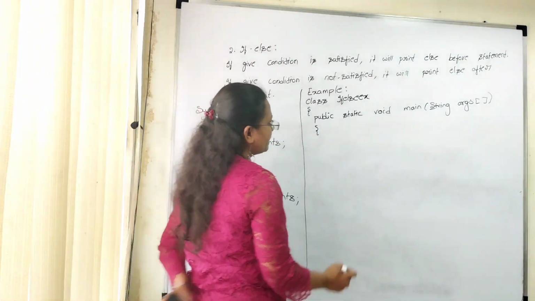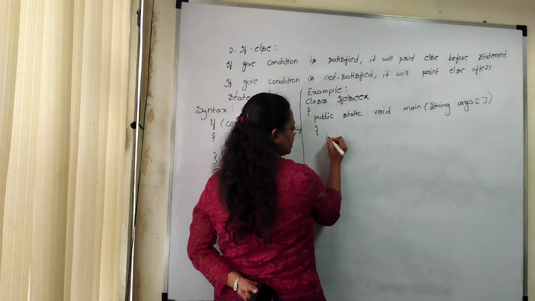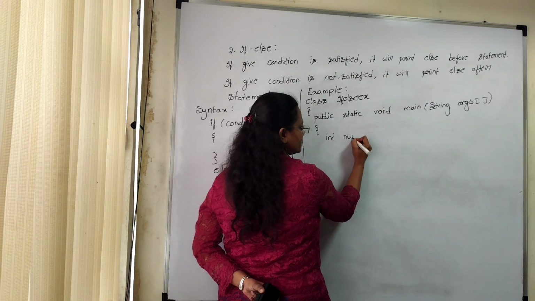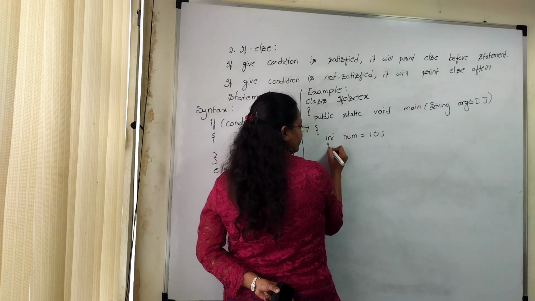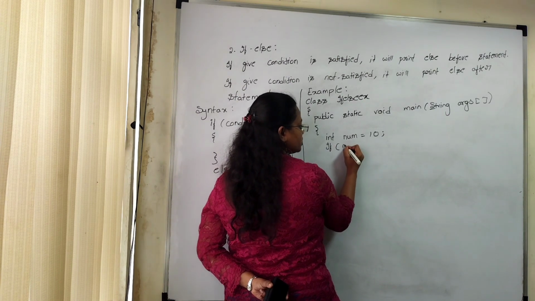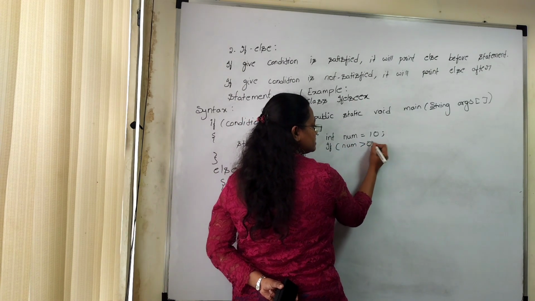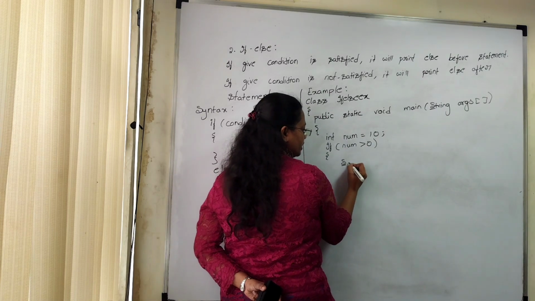So here what I have to do is declare one variable. So int num is equal to 10, okay. Here if of, I need to write down one condition, num greater than 0. So what is it going to print?